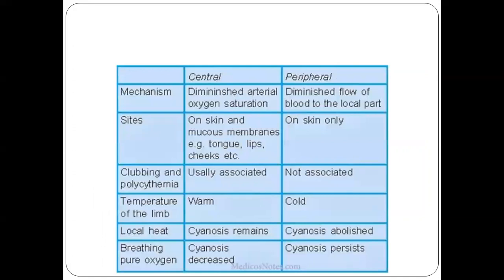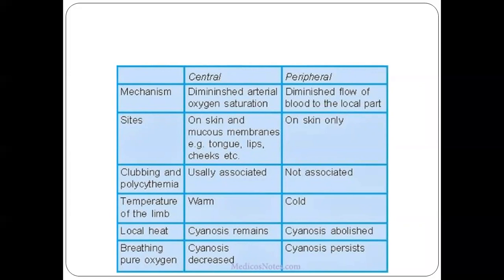First of all, we have to discuss central cyanosis and peripheral cyanosis. The mechanism of central cyanosis is diminished arterial oxygen saturation, and the mechanism of peripheral cyanosis is diminished flow of blood to the local parts. The sites of central cyanosis are skin and mucous membranes like tongue, lips, and cheeks, and the site of peripheral cyanosis is skin only.